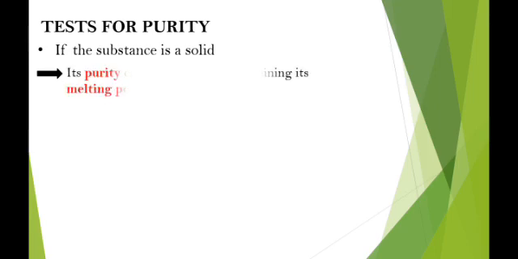Next, we'll be talking about tests for purity. Once we have obtained a pure sample of a substance, we can use the following criteria to determine its purity. If the substance is a solid, then its purity can be checked by determining its melting point.